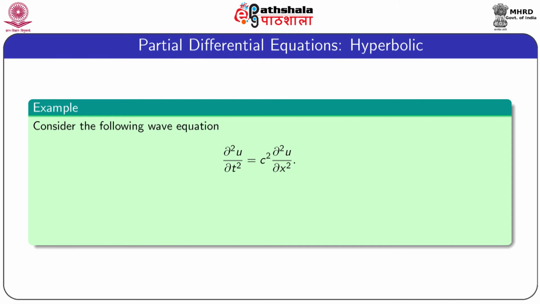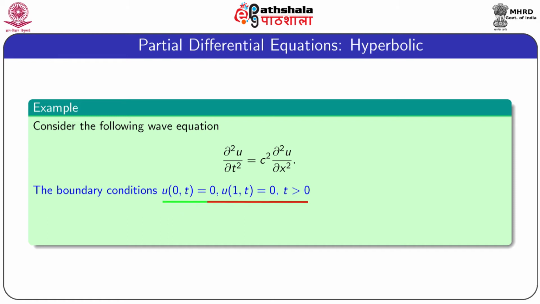If it represents the propagation of light, then c represents the speed of light, and so on.